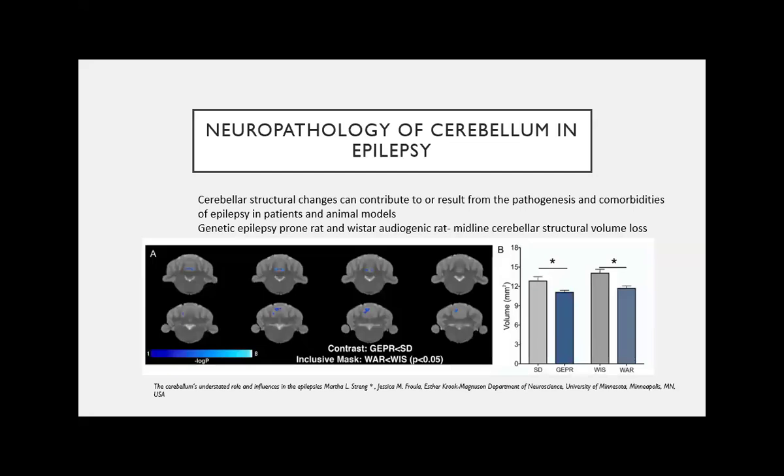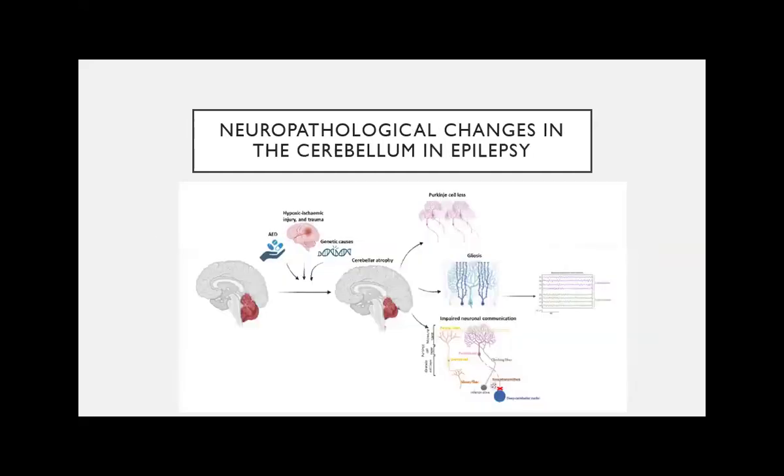Coming to neuropathology of the cerebellum in epilepsy. Initially, to find out the role of the cerebellum in epilepsy, patient and animal models demonstrated structural changes in the cerebellum. Initial studies were done in the genetic epilepsy-prone rat and the Wistar audiogenic rat, where they demonstrated midline cerebellar structure volume loss, which later led on to studies of neuropathological changes in the cerebellum in epilepsy.